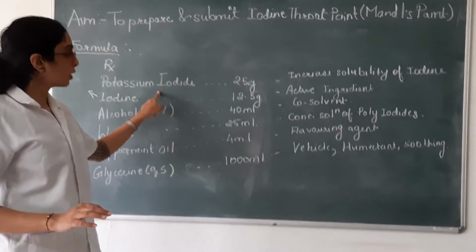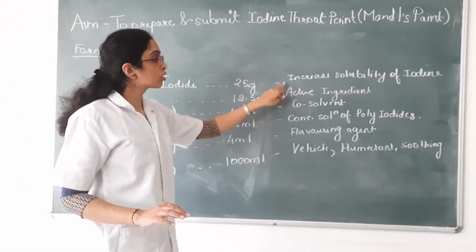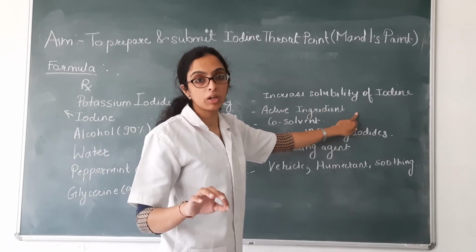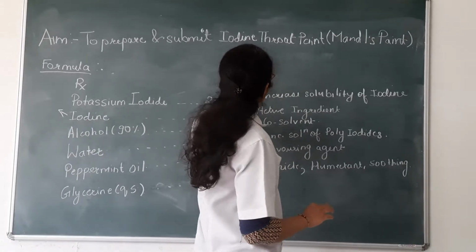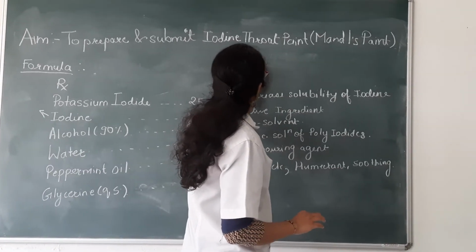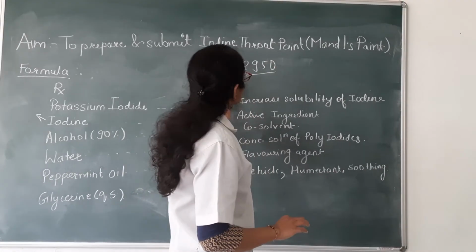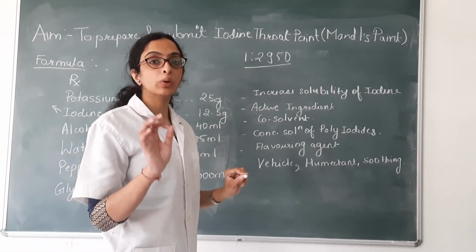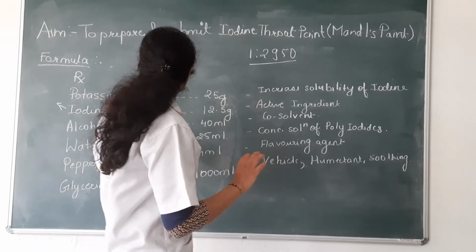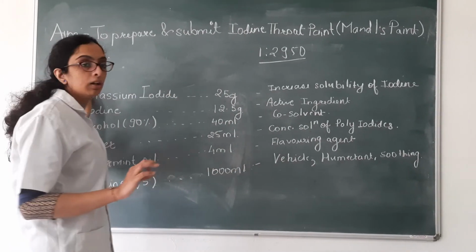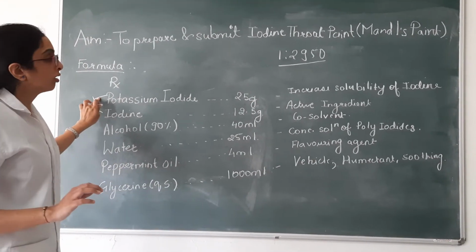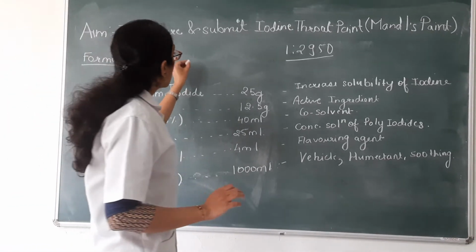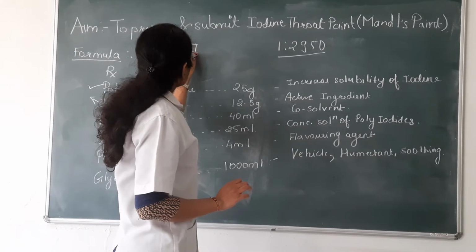Second is potassium iodide, which is used to increase the solubility of the iodine in water. Iodine has a solubility of 1 in 2950, which is very low solubility in water. So to increase the solubility of the iodine in water, we are using potassium iodide.